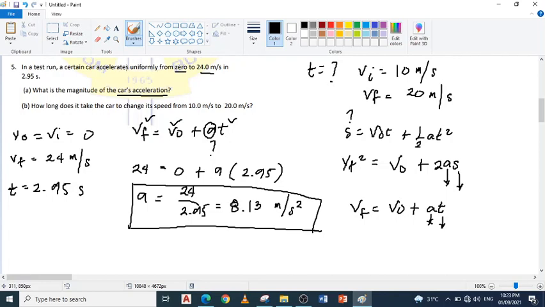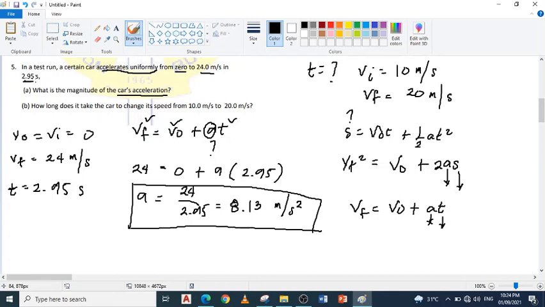It says here that the car accelerates uniformly from 0 to 24 meters per second. For letter B, the final velocity is 20, so we cannot use this given.